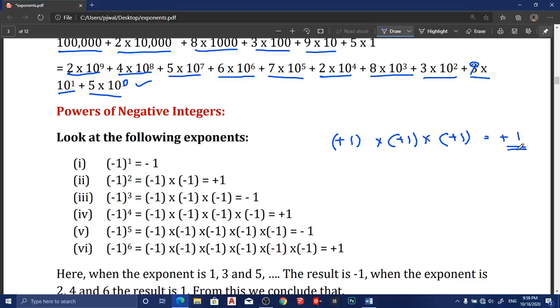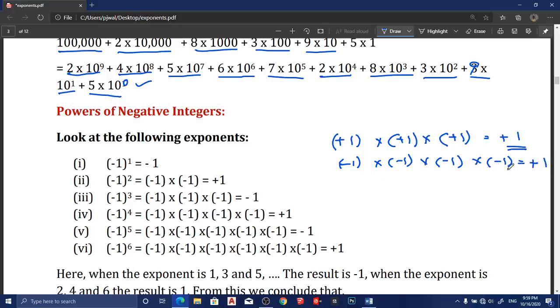If you want to multiply negative integers like this, minus 1 into minus 1 into minus 1, like this, and the number of negative numbers is even, even numbers means 2, 4, 6, 8, like that, always you will get the product as positive only.